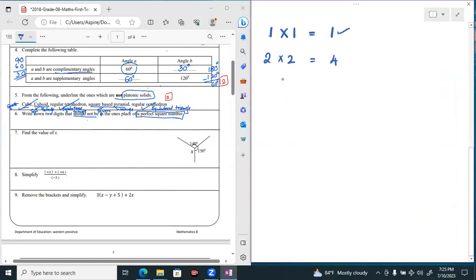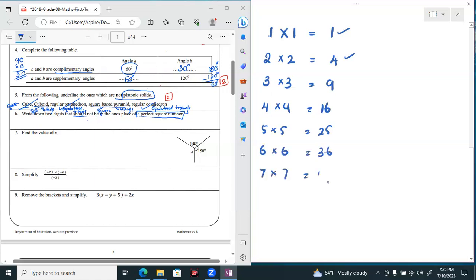Then 4 is a perfect square. 3 into 3, it's 9. 4 into 4, it's 16. 5 into 5, it's 25. 6 into 6, it is 36. 7 into 7, it's 49. 8 into 8, it's 64. 9 into 9, it's 81. 10 into 10, it's 100. Okay. Then look, these are the perfect square numbers.